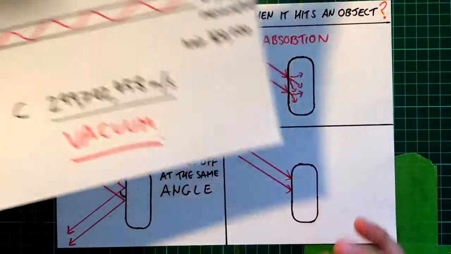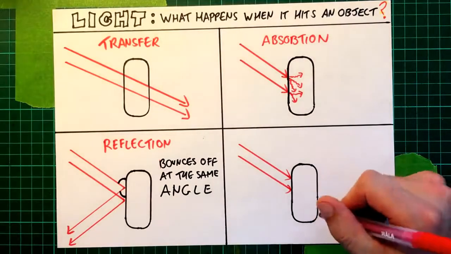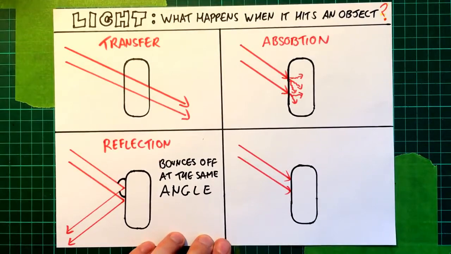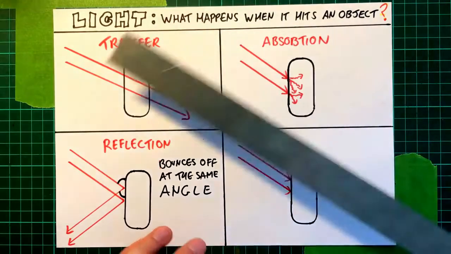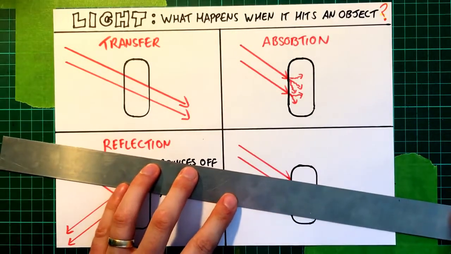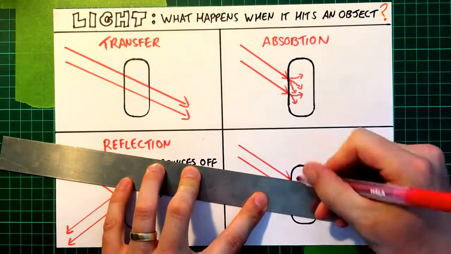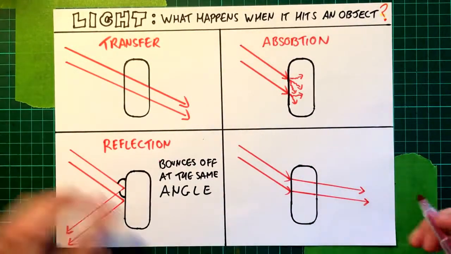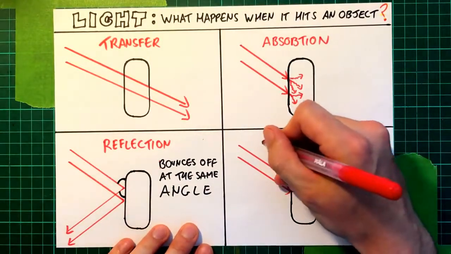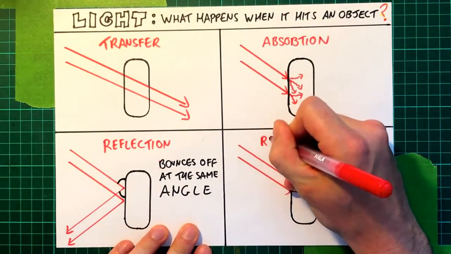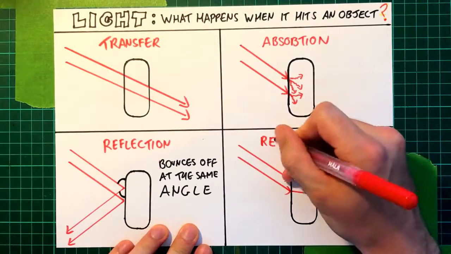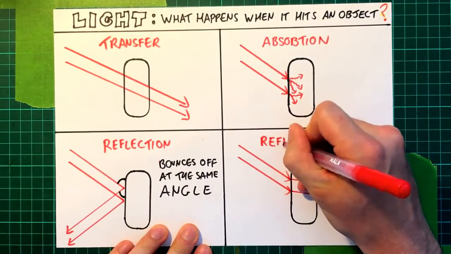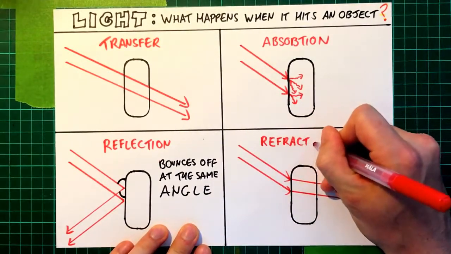However, light will slow down if it hits something like a glass of water, for example. And when it slows down, it will change angle. And this process is called, not reflection, but it is a similar word, but it's called refraction.